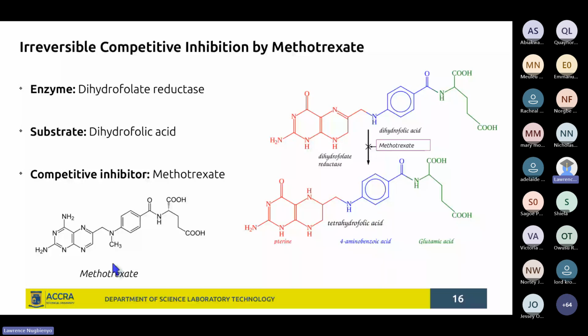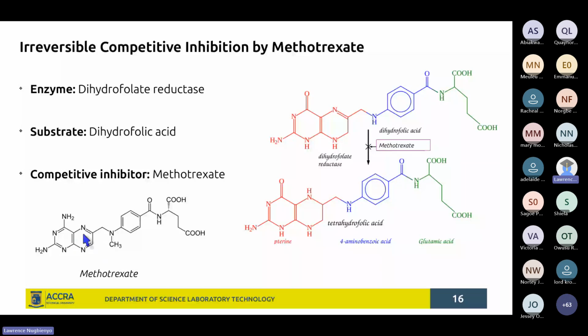So if you look at the structure of methotrexate here, you notice that this is much, much more alike the dihydrofolic acid, the substrate itself. You can see the two fused rings there.